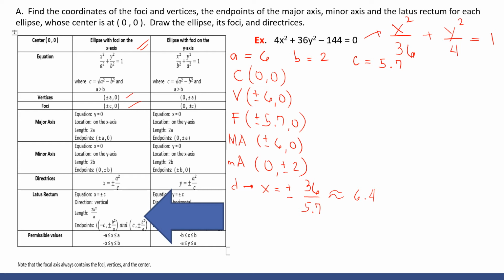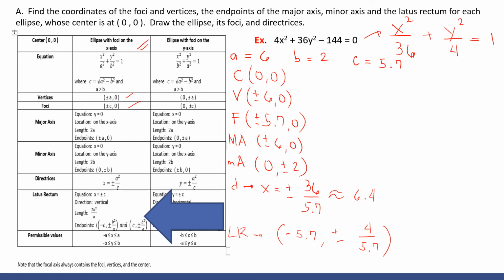Okay? Now, lastly, for the endpoints of our latus rectum, what are the coordinates? We have negative c, so that is negative 5.7, and then plus minus b squared over c, that is 4 over 5.7. So 4 divided by 5.7, or 4 divided by 4 square root of 2, is approximately 0.7.